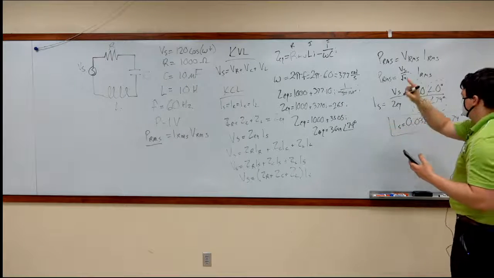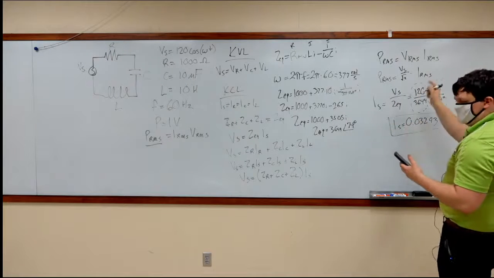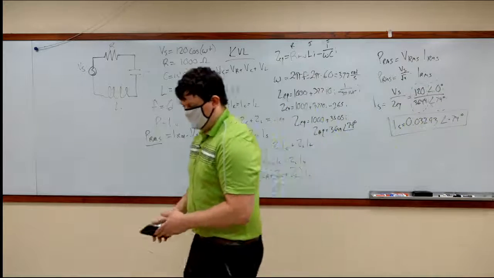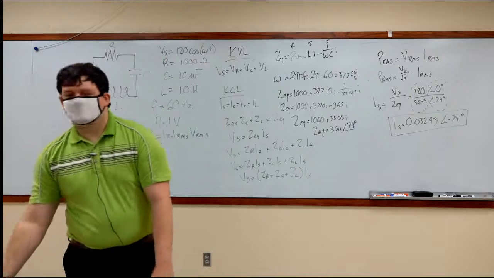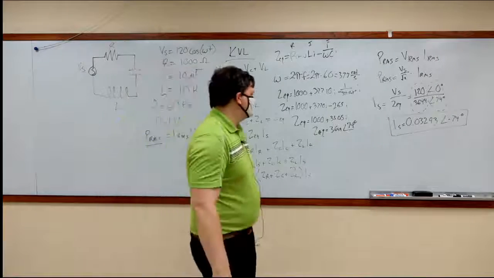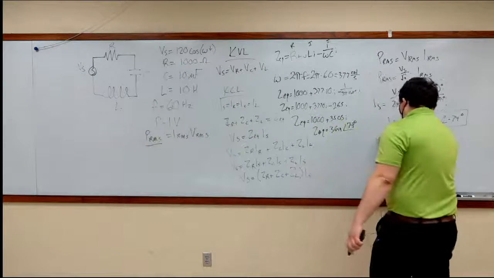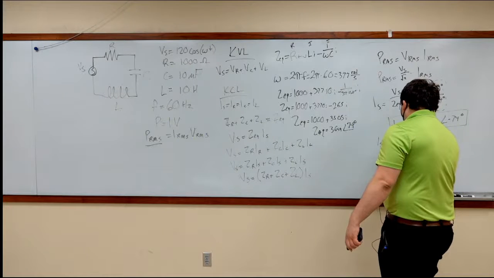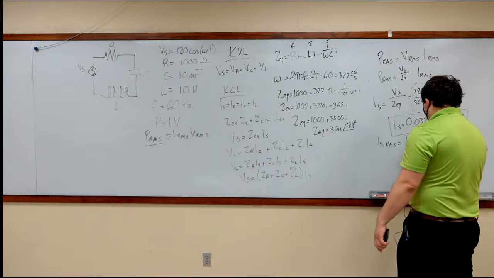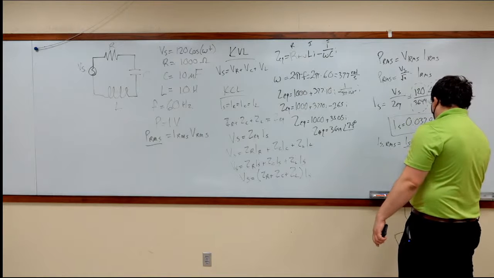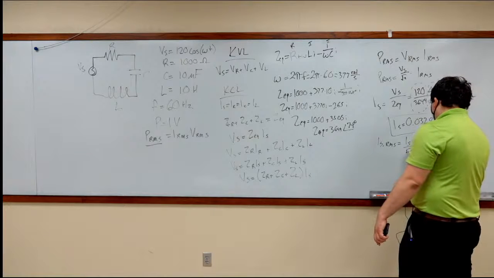Okay, now we take this, and IS RMS is equal to IS, the maximum, divided by the square root of 2.